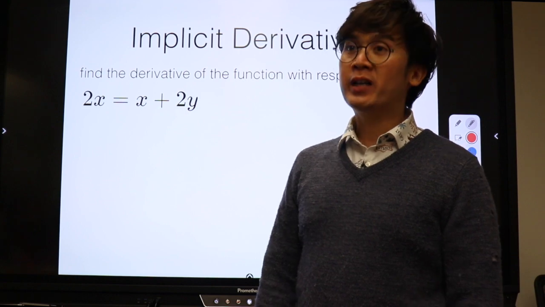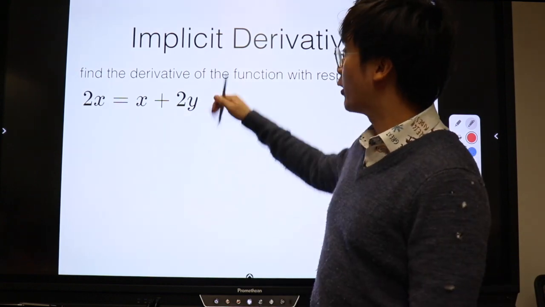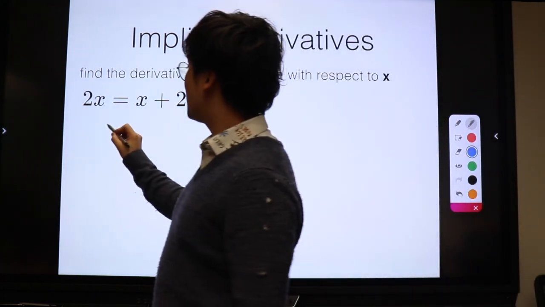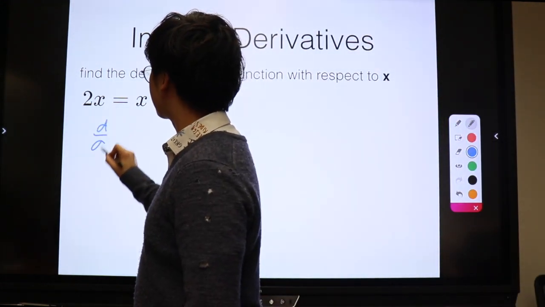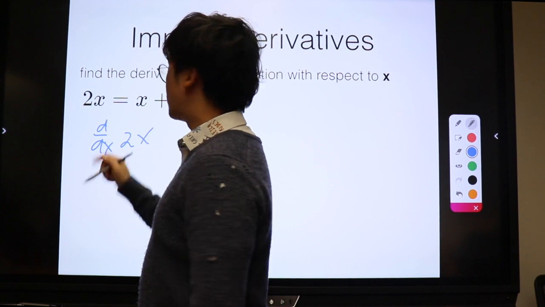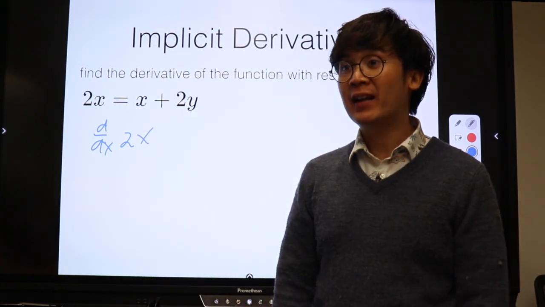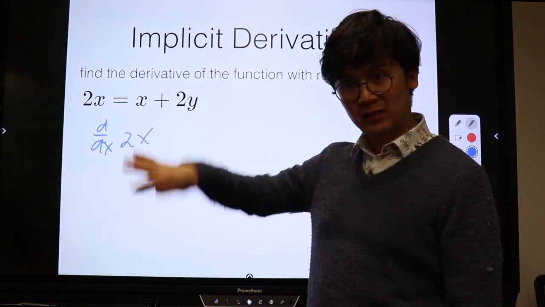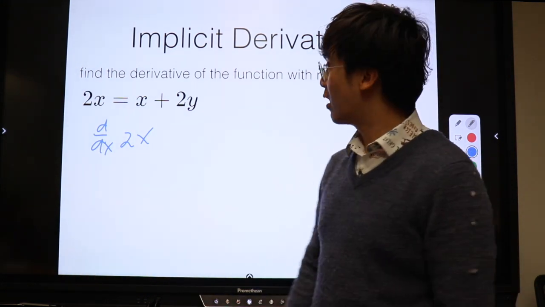So simply put, if we're going to use our notation to answer this problem, we're simply finding the derivative of 2x with respect to x, and this is how we write it in calculus: d/dx of 2x. We're going to be working on that in a little while.